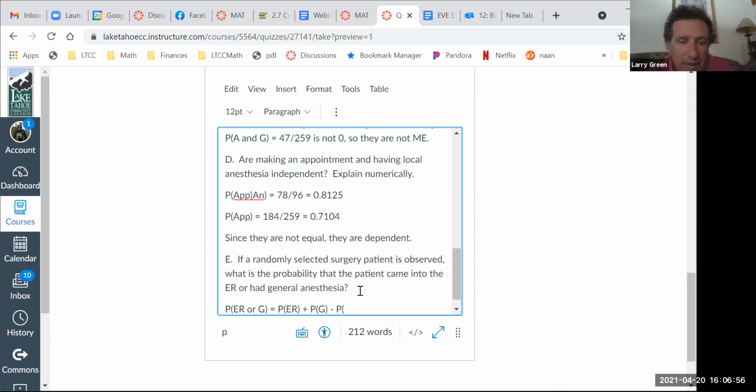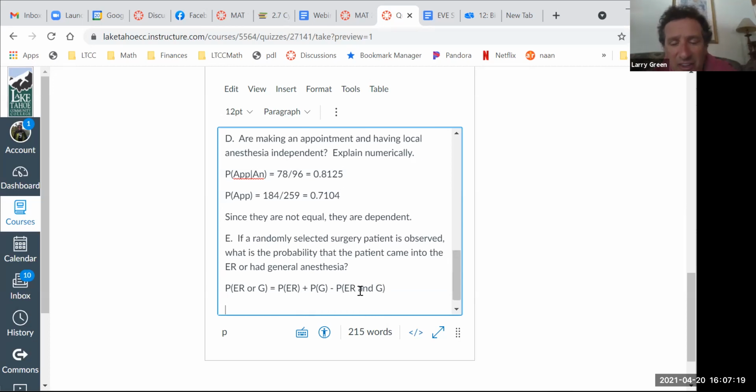Probability of general, not plus, but and. So ER and general. Yeah, probably a both.